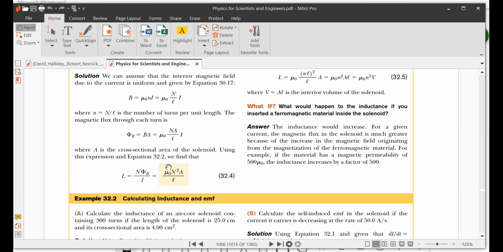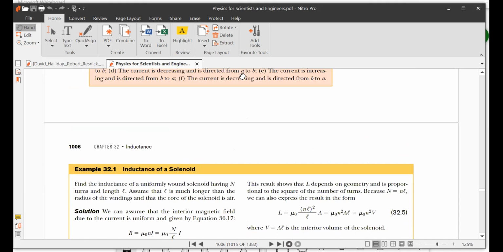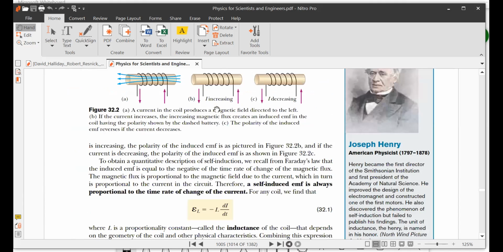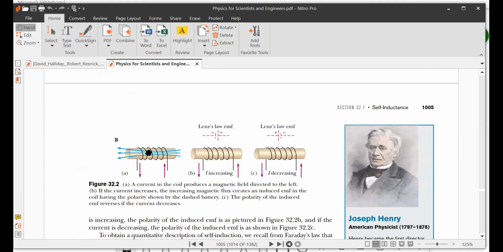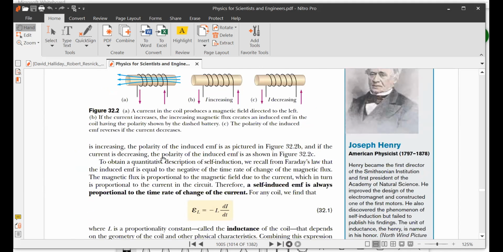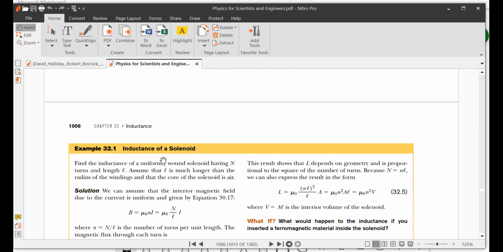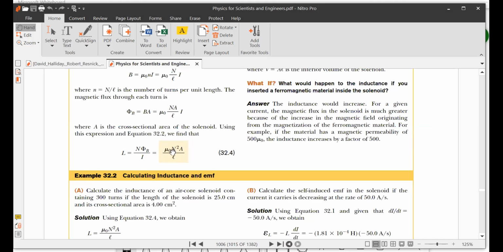μ0 itu menggambarkan bahan apa yang dimasukkan ke dalam solenoid. Kalau vakum, itu adalah μ0. Kalau bahan ferromagnetik, diamagnetik atau paramagnetik, kita menggantinya dengan μ.